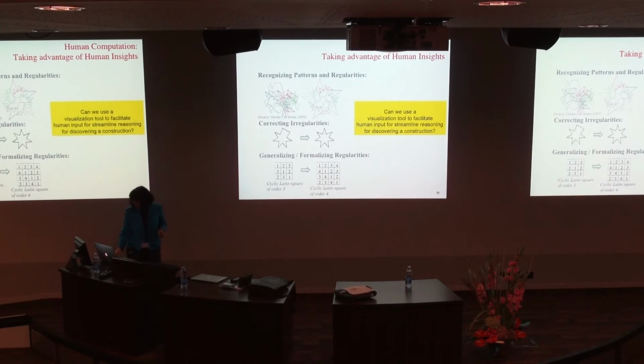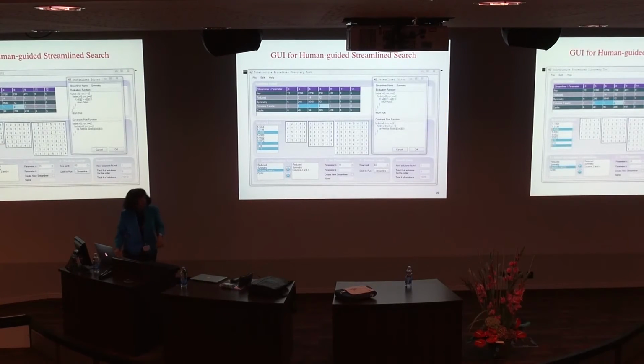So basically, we thought, can we use a visualization tool for this? And so Ronan created this visualizer where he would impose constraints to do streamlining, and then generate all the solutions. For example, the symmetry, or the fact that you have 1, 2, 3, 4, 2, 4, 5, so some interesting patterns.